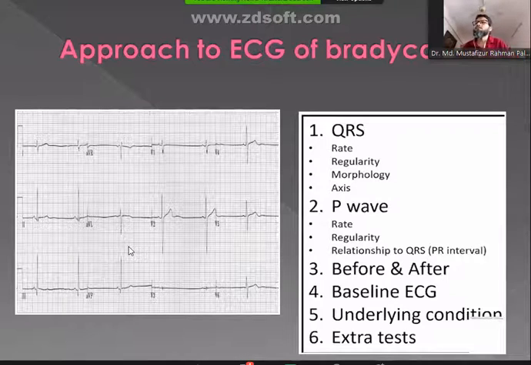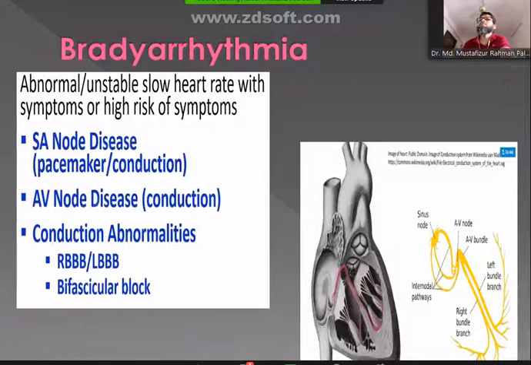And you have to look for the baseline ECG also. This is very important initially. It's a clue to the diagnosis. And we have to look for the underlying conditions, the causes I have told you earlier, to understand the reason behind it, and if possible we will go for extra tests to diagnose.